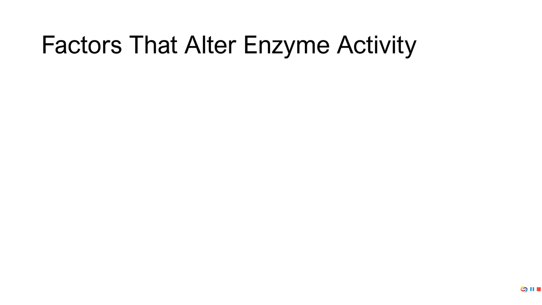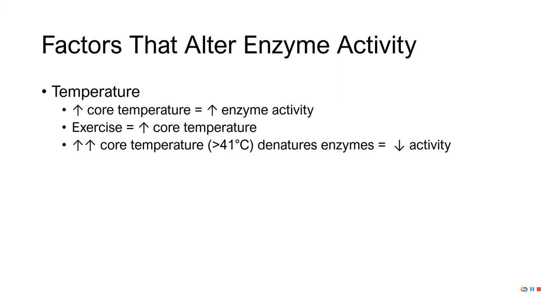So, exercise affects both temperature and pH, which affect enzyme activity. Exercise increases temperature, which increases enzyme activity. This is initially helpful because exercise requires more energy, and if you need more energy, you want to be able to use your substrate to create this energy.